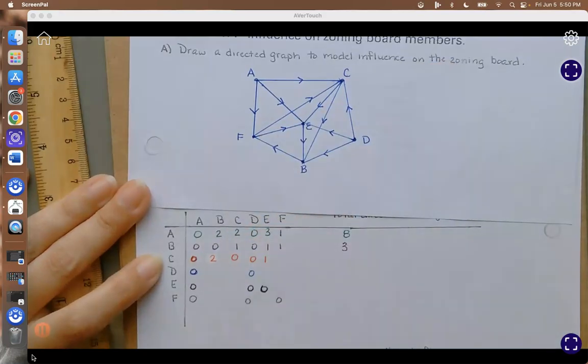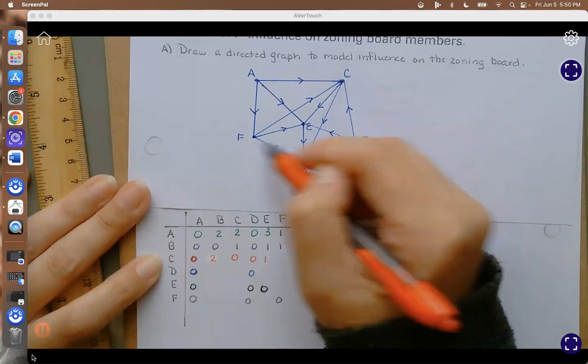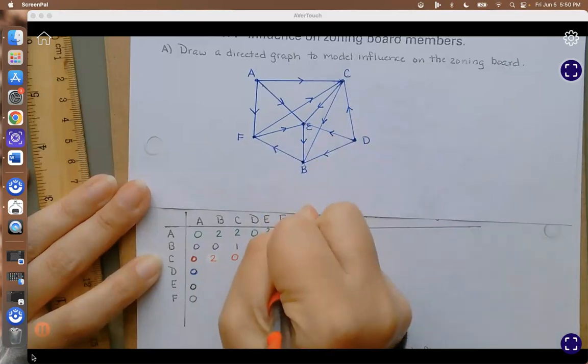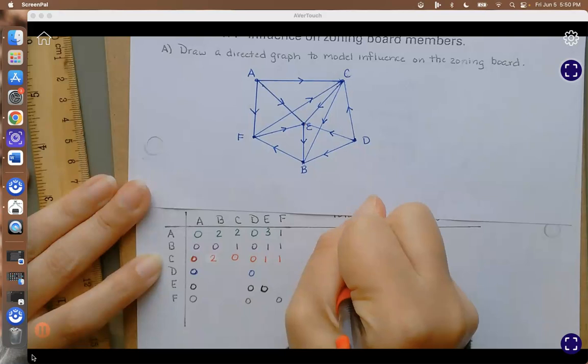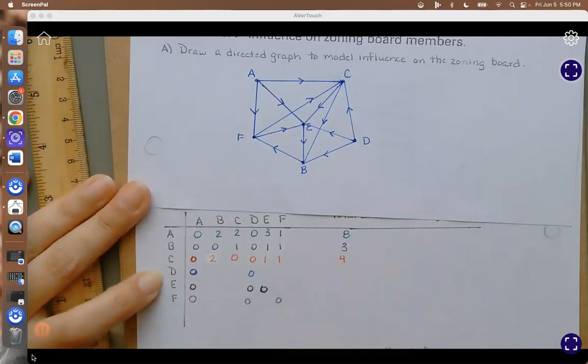Okay. C to F. I can go C to E, or C to B, B to F. There you go. There's 1. So this one has 4, so better than Baker, but Cohen's still not pulling all the strings. Looks like Alvarez is. But let's go see if these other guys can do anything.